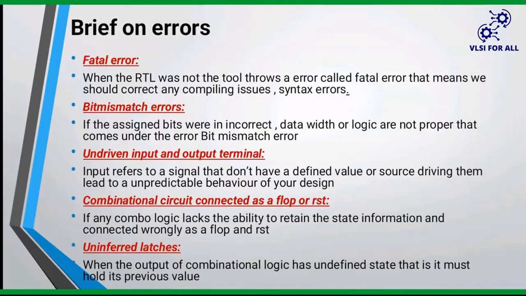If it should perform 0, it should perform 0. If it is high, it should go high. If it doesn't retain the same information, that means if it receives any wrong information, in that state the combo logic may be connected to a flop or to a reset, and that is a combinational circuit connected as a flop or a combinational circuit connected as a reset.